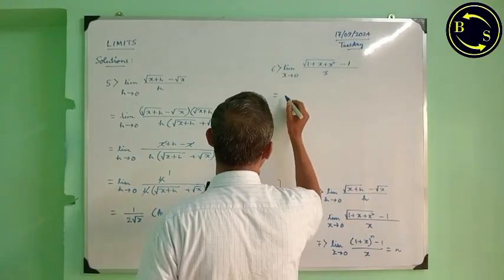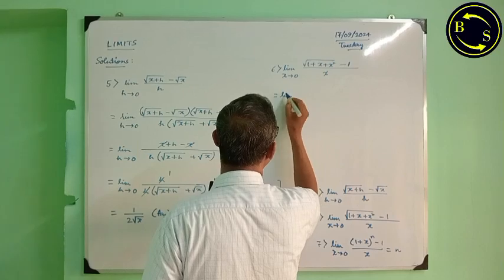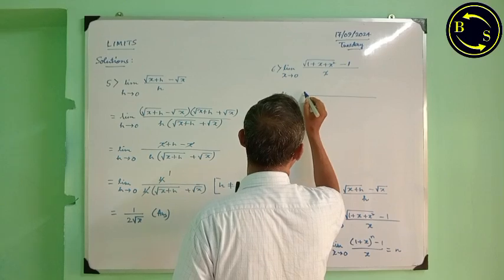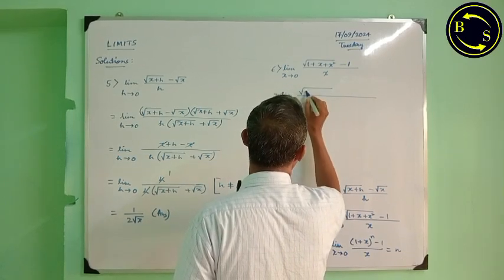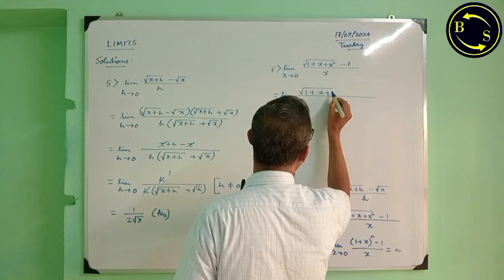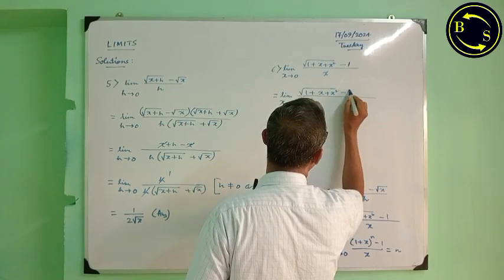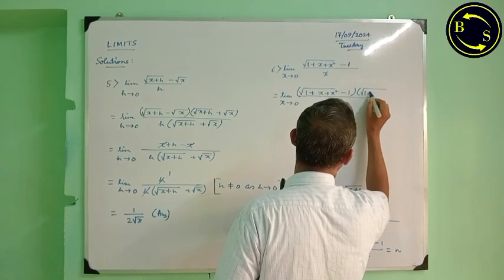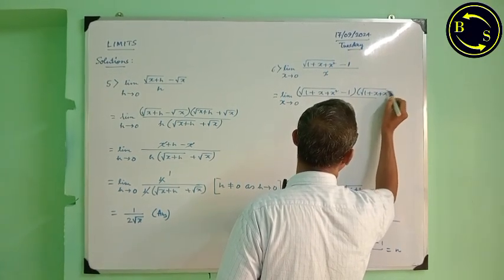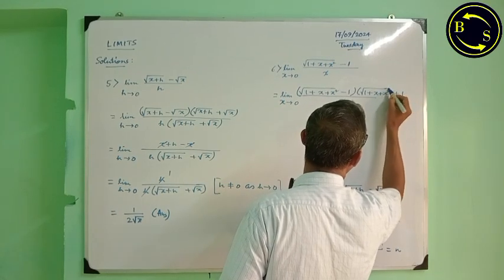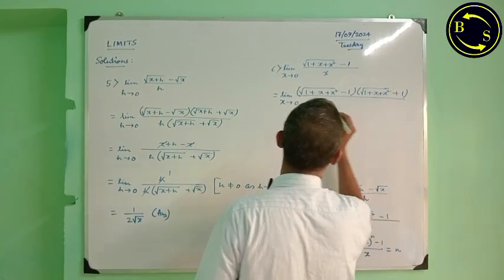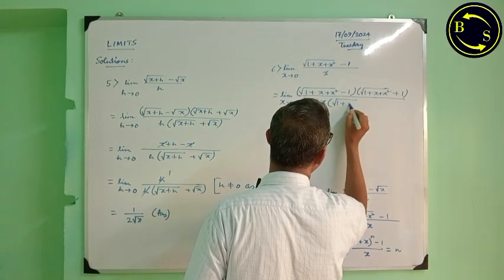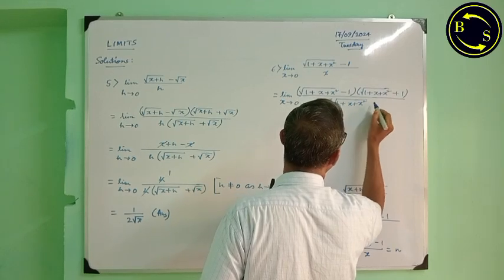Therefore, that will be equal to limit x tends to 0, root over 1 plus x square minus 1, whole into root over 1 plus x square plus 1, by x into root over 1 plus x square plus 1.